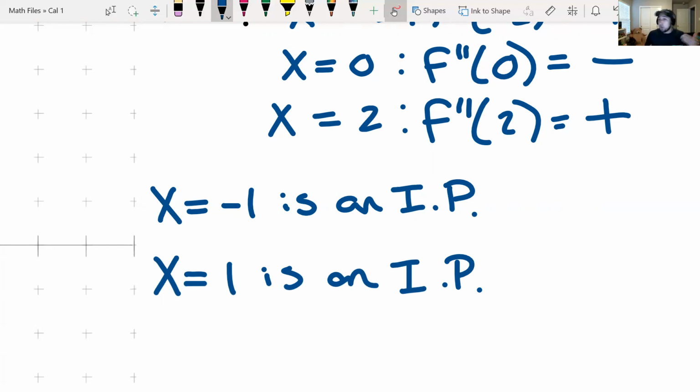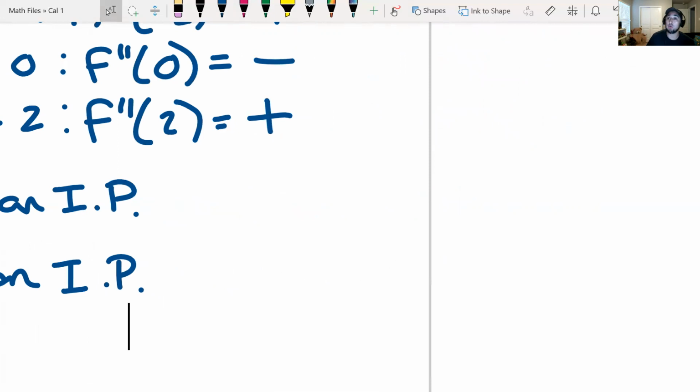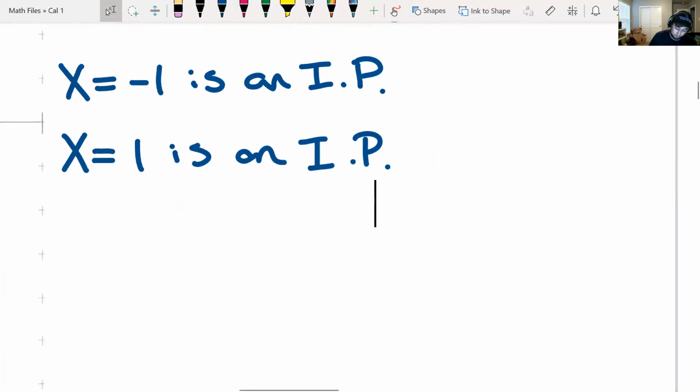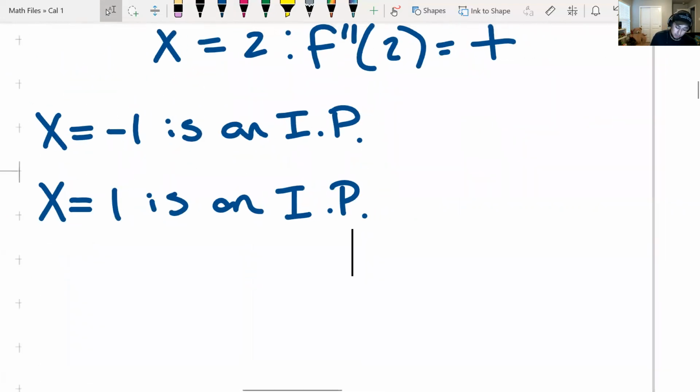Now, since these are inflection points, we need to find the point of inflection. So we take these and plug them into the original function, right?